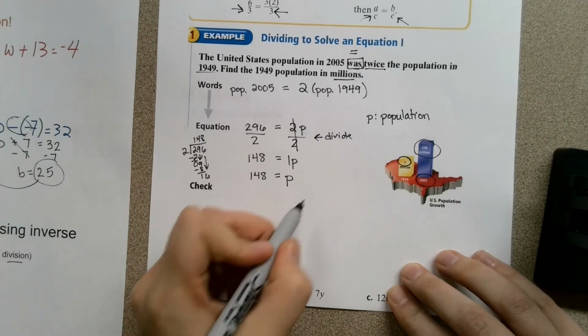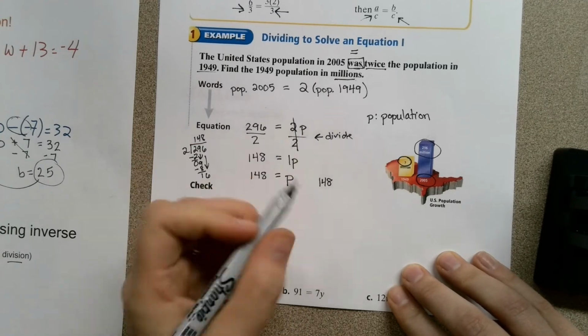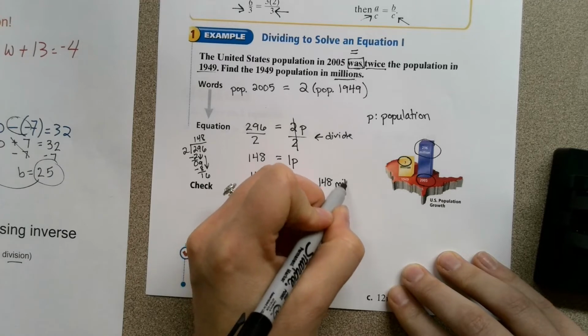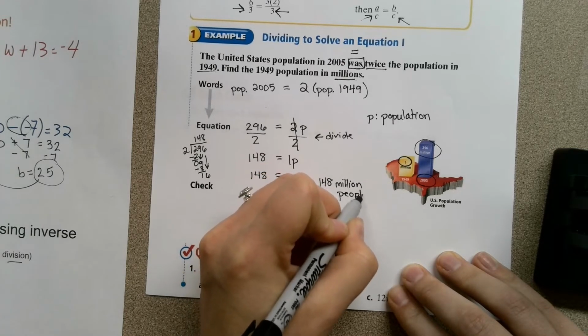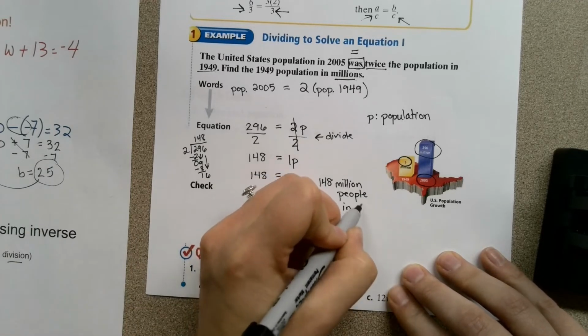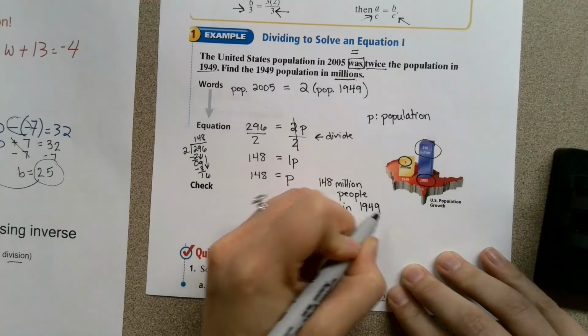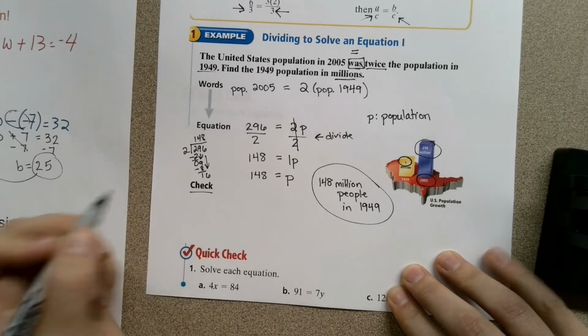Telling us that our population was 148, remember the label, million people in 1949. So that would be your answer, and we can always check to make sure that it worked by plugging it back in.